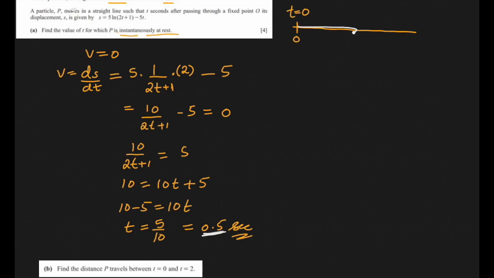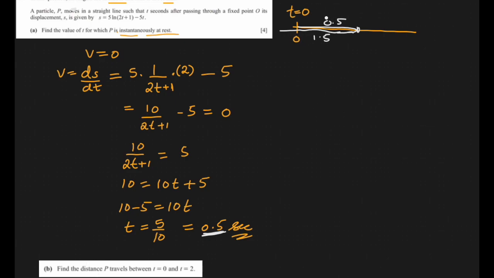That means it changes its direction. So in 0.5 seconds it goes in one direction, then after 0.5 it goes in the other direction, and there is no change in direction after that. So between 0 and 2, we have to find for 0.5 and 1.5 seconds separately, total 2 seconds. Why? Because they're asking distance, not displacement.